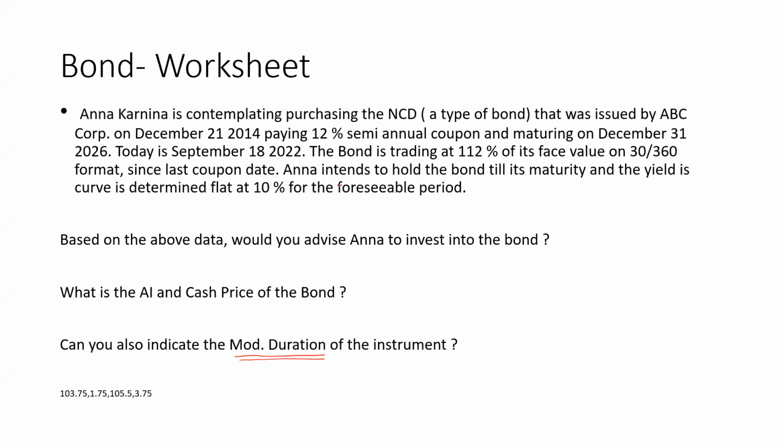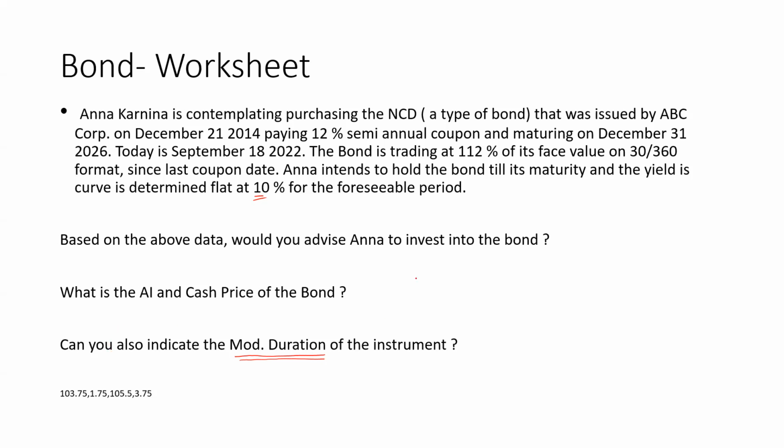Anna intends to hold the bond till its maturity, and the yield curve is determined flat at 10% for the foreseeable period. Based on the above data, would you advise Anna to invest in the bond? The next part of the question is, what is the accrued interest and cash price of the bond? And the last portion of the problem is, can you also indicate the modified duration of the instrument?